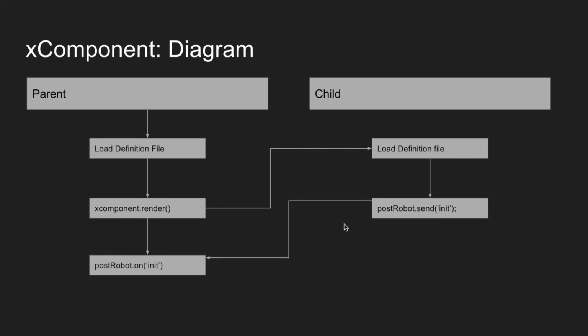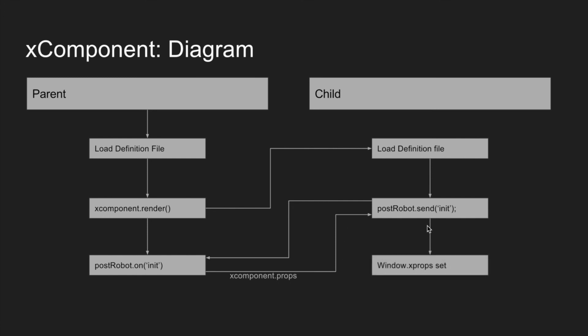On the parent, you'll see that when we called render, it also does a post-robot.on init, so it's listening for the init message from the child. So the child is going to send the init, and then the parent actually responds with its properties. So the xComponent.props goes over to the child, and now window.xprops is set, and the child can actually use these props that were sent over from the parent.